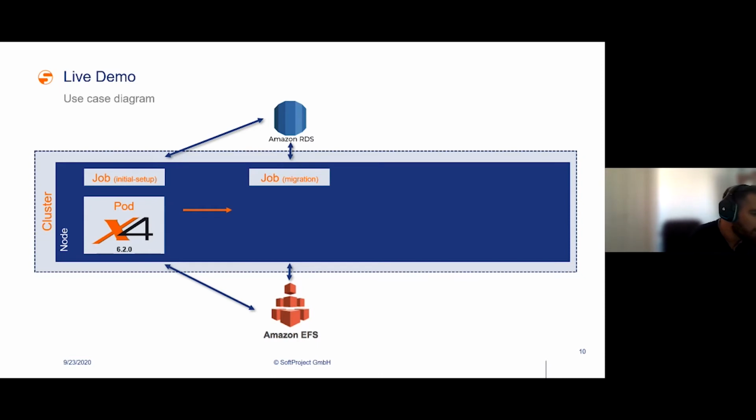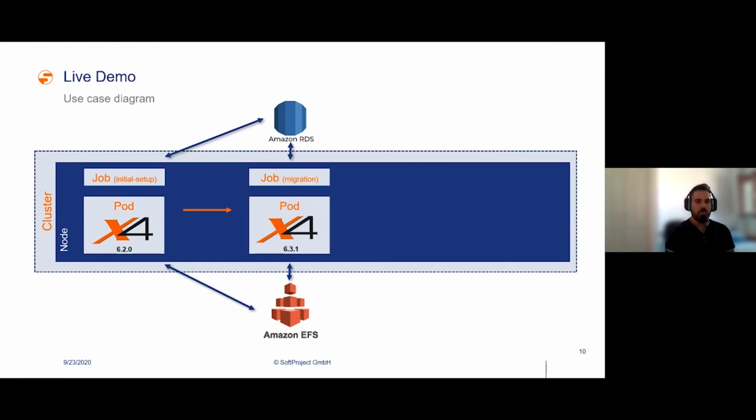After that, at this point, with only one step, we just modify the X4 version. We modify the X4 version image to 6.3.1, and we launch a pod, in this case one pod with the 6.3 image.